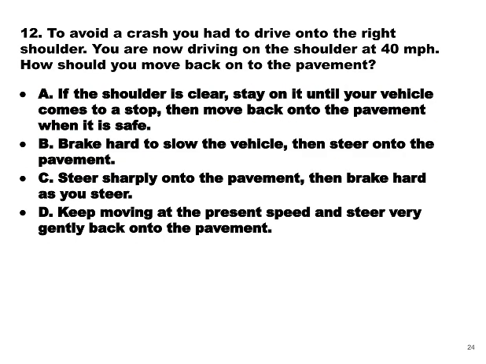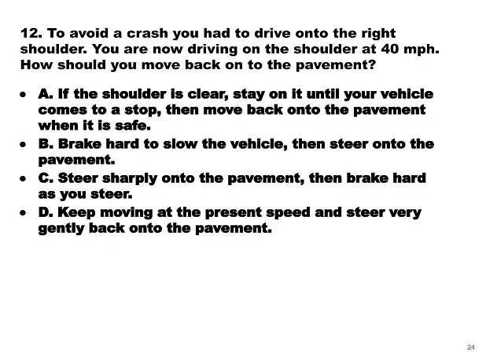To avoid a crash, you had to drive onto the right shoulder. Now you are driving on the shoulder at 40 miles per hour. How should you move back onto the pavement? A, if the shoulder is clear, stay on it until your vehicle comes to a stop, then move back onto the pavement when it is safe. B, brake hard to slow the vehicle, then steer onto the pavement.